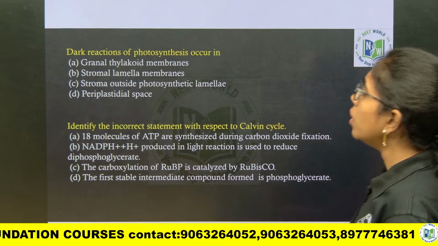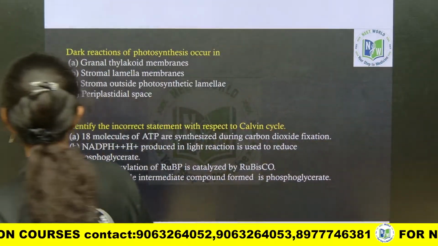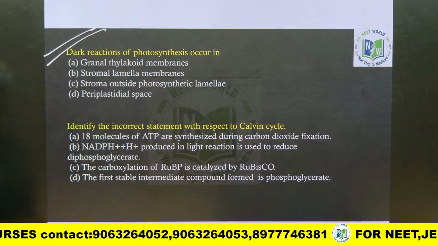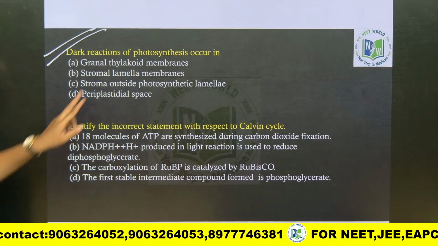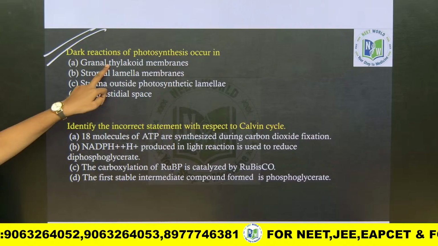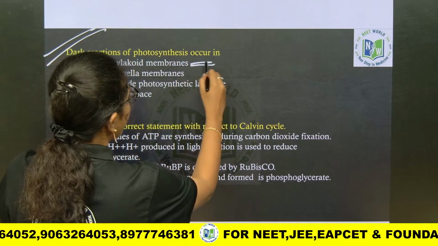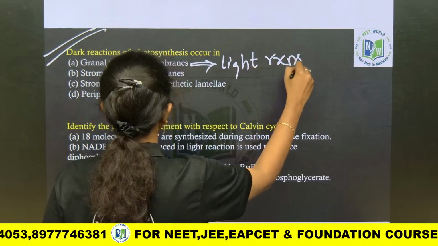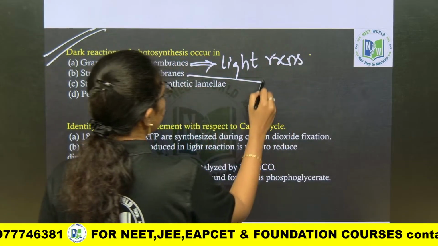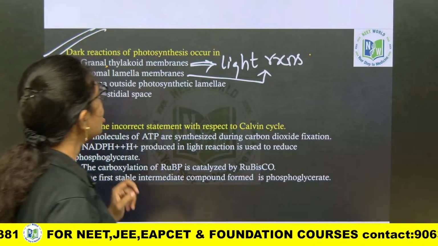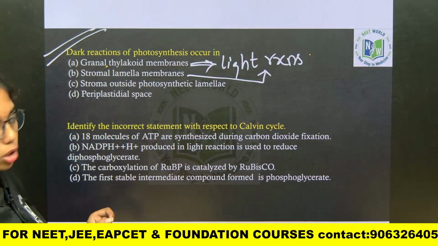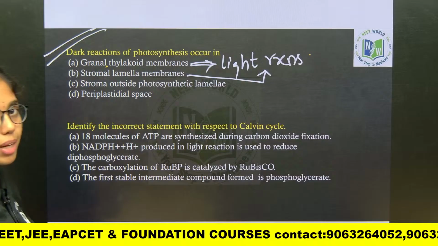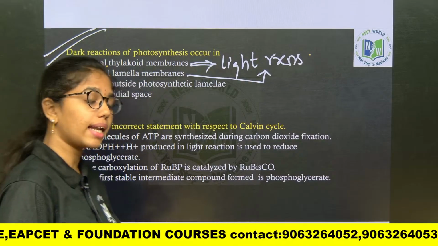Here you look into, dark reactions of photosynthesis occur in. Does the dark reaction occur in granum thylakoid? Wrong. In granum thylakoid only light reactions occur. Stromal lamellae also have light reactions. Stroma, outside the photosynthetic lamellae, is correct. Thylakoid lamellae are also called photosynthetic lamellae.